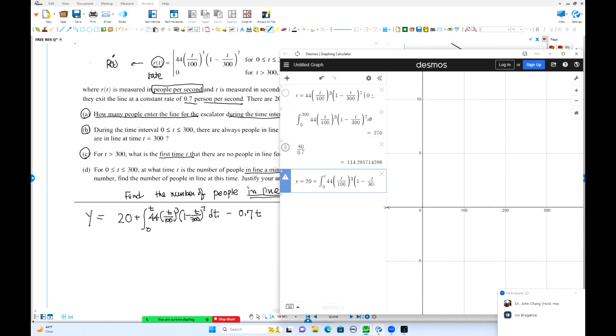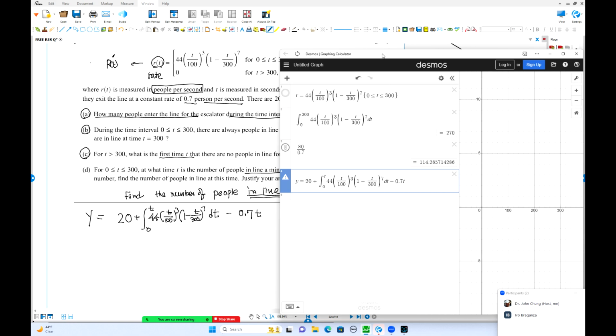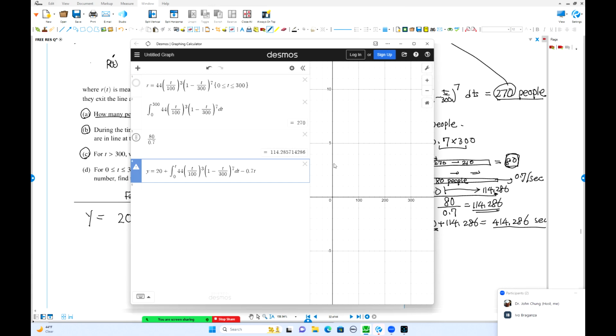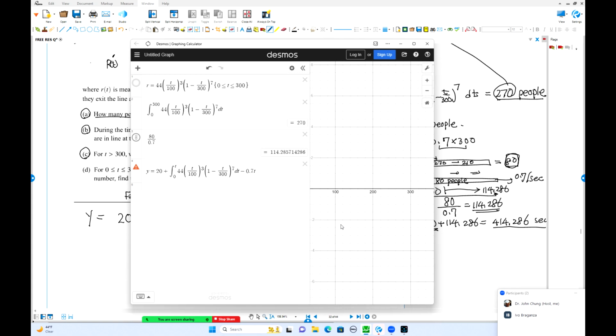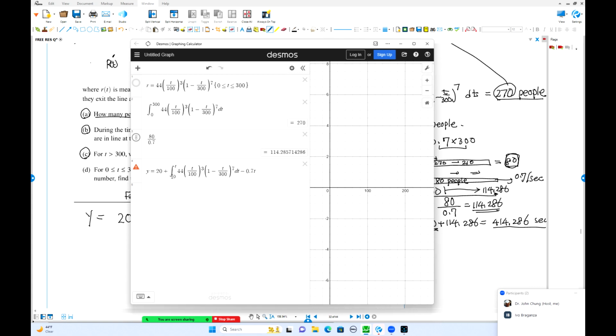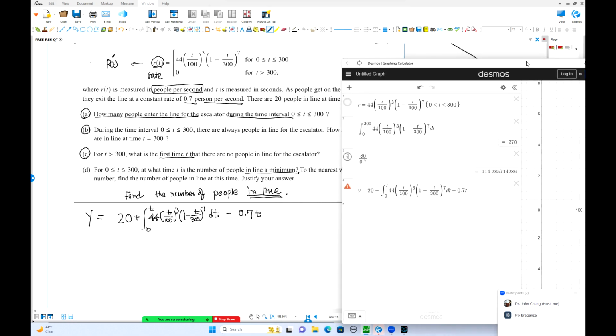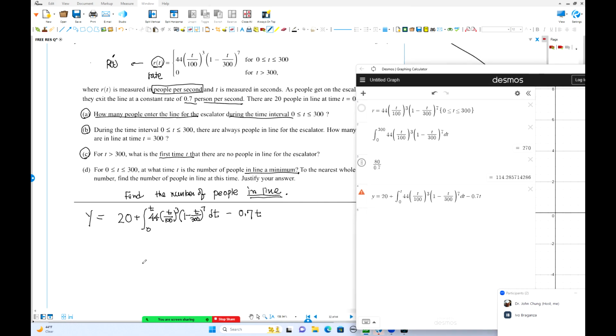They give us a graph over here. Oh, they don't give a graph. This one doesn't recognize the equation over here. Okay, that's fine. Anyway, we're going to find the maximum over here.